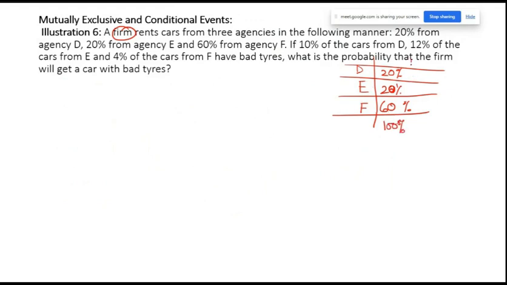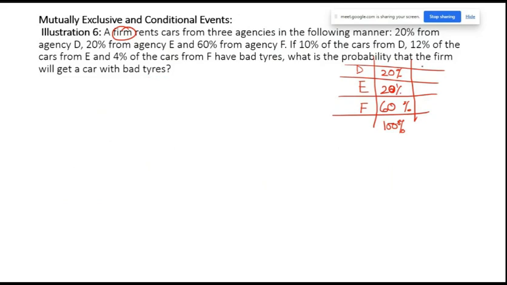Now, the problem is that there is a breakdown in the car. Sometimes, if 10% of the cars from D, 12% of the cars from E, and 4% of the cars from F have bad tires, what is the probability that the firm will get a car with a bad tire? So there is a bad tire problem.